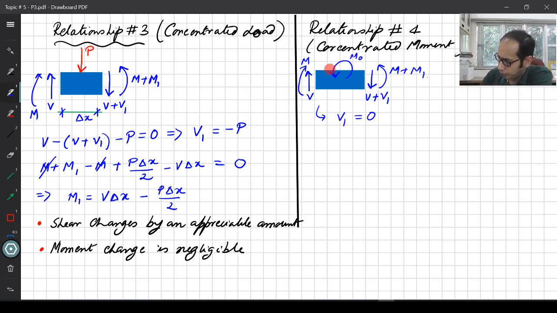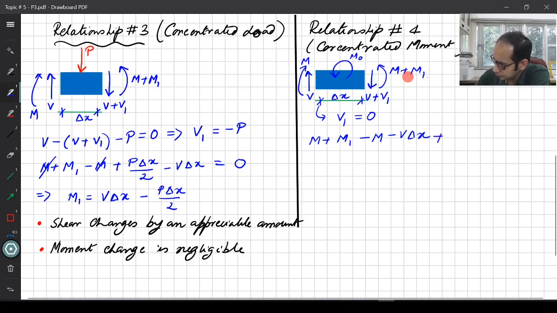What happens to the moment? If you write the moment balancing equation, what you would get is M plus M1, which is this guy over here, minus M minus V times delta X, where this particular length that you see over here is my delta X, plus M naught equals 0.